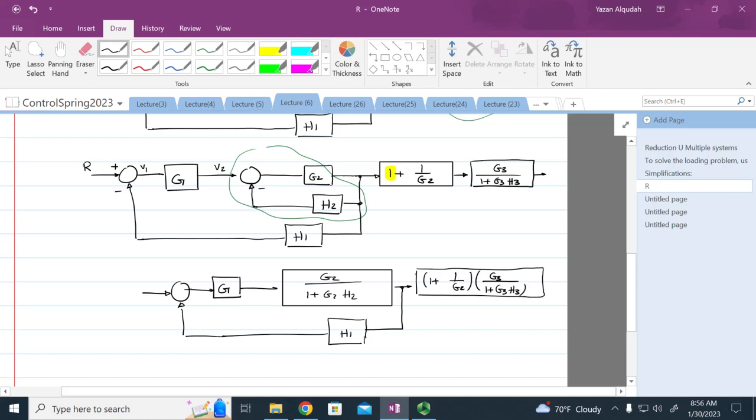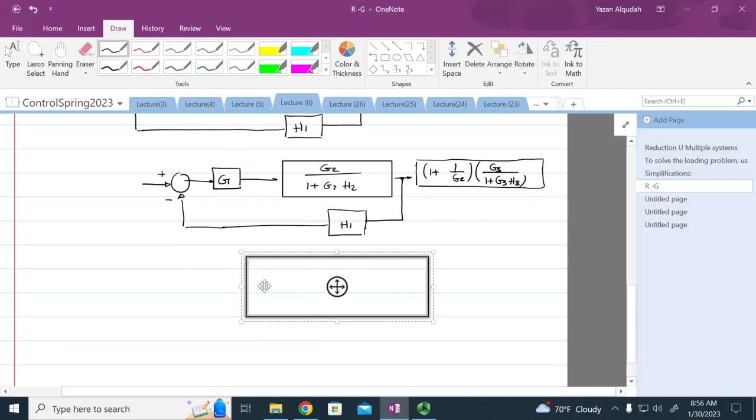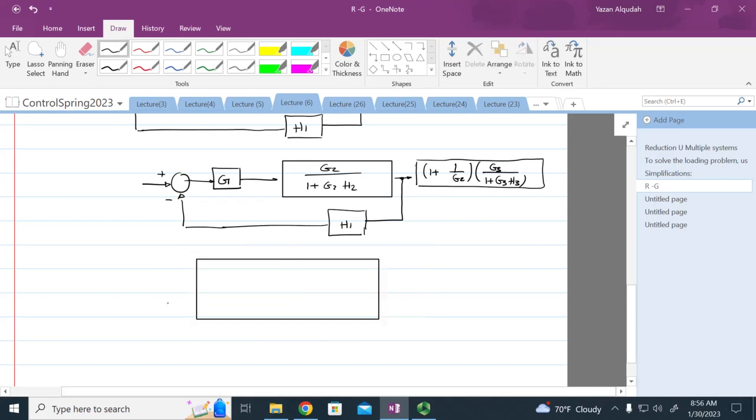Okay, so then we have a feedback loop that we can reduce. It's going to be G1 G2 over 1 plus G2 H2, over 1 plus H1 multiplied by G1 G2 over 1 plus G2 H2.